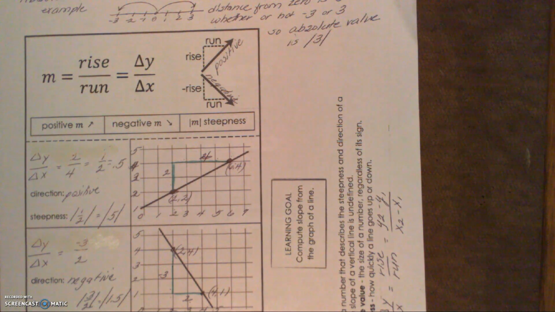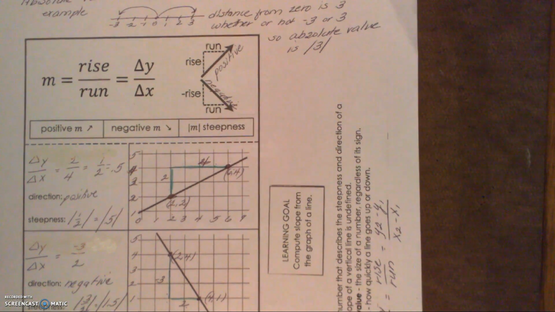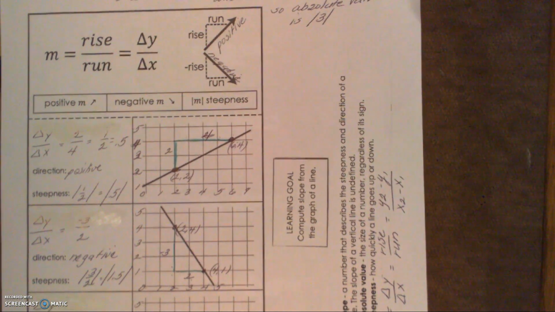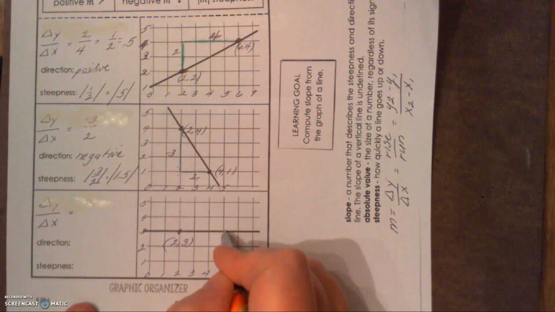Now, we have the next line, and this will be 2, 3, or we can do 5, 3.